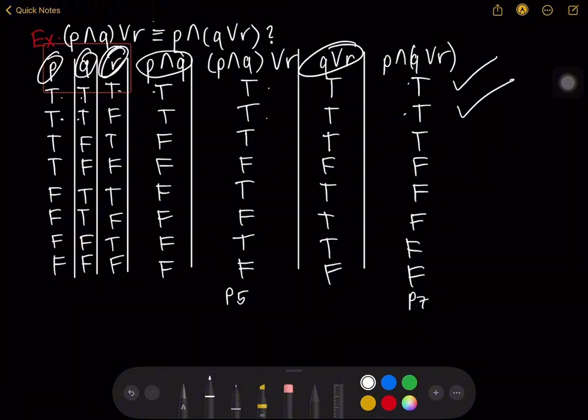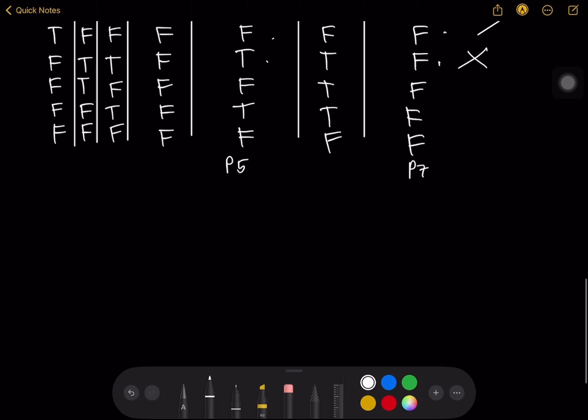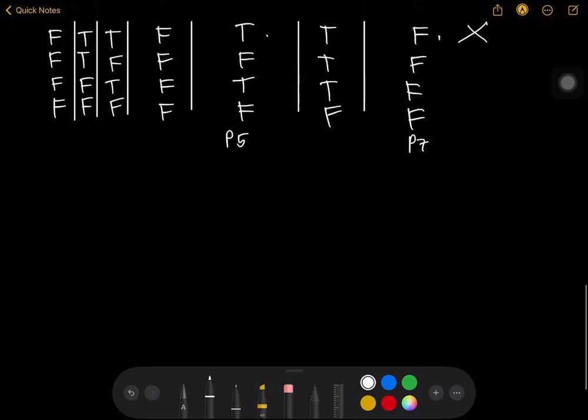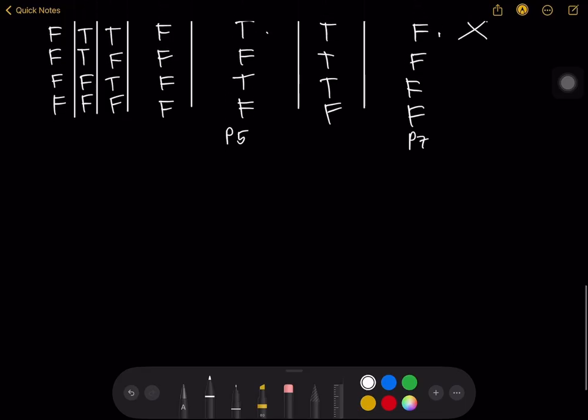This one is the same, this one is the same, but there appears a true and false. So it's about this. Okay? So we just need to determine if at least one line has different truth values, and we can jump to the conclusion that they are not logically equivalent.